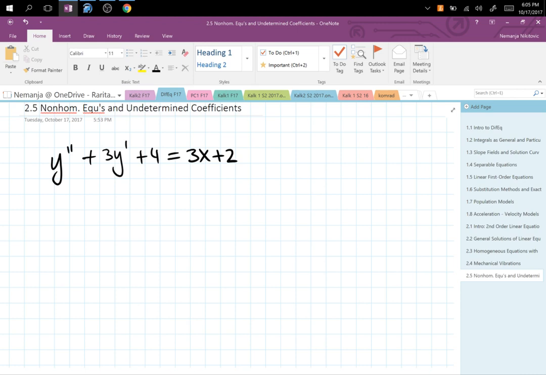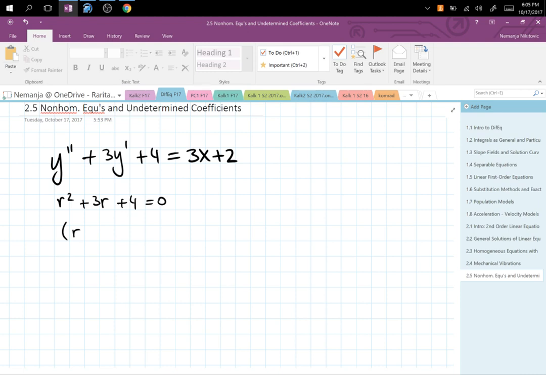Now we recognize the left-hand side. The left-hand side we can solve by constant coefficients. We know to transform this equation into r squared plus 3r plus 4 equals 0, right? That's the characteristic equation. Then we factor it as... help me? Quadratic formula.